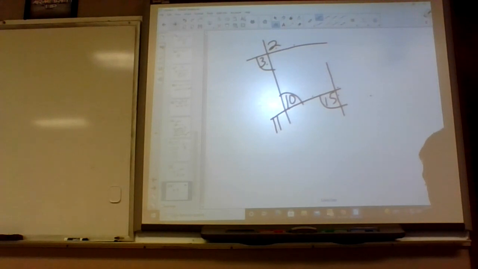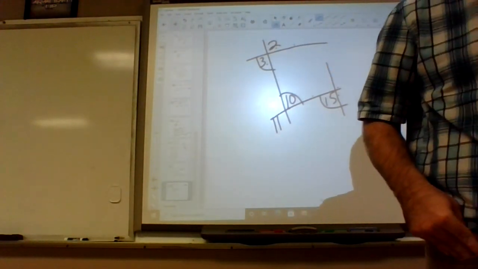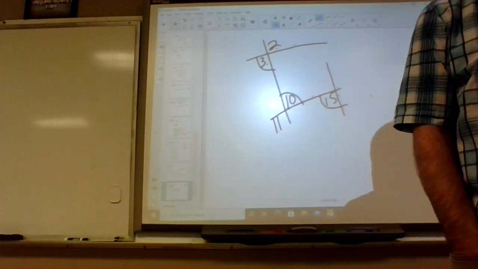We know that if the lines are parallel, corresponding angles have to be congruent. You could write that out. It's actually a postulate. You can say corresponding angles are congruent when lines are parallel, or corresponding angle postulate.